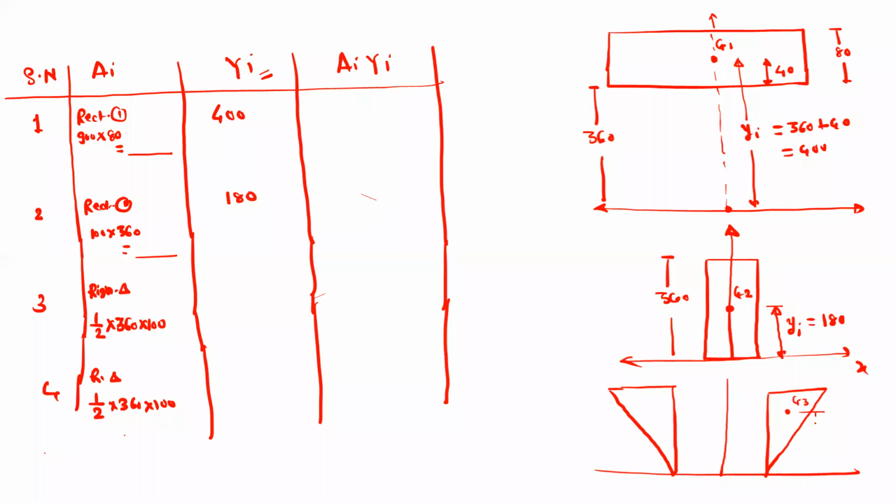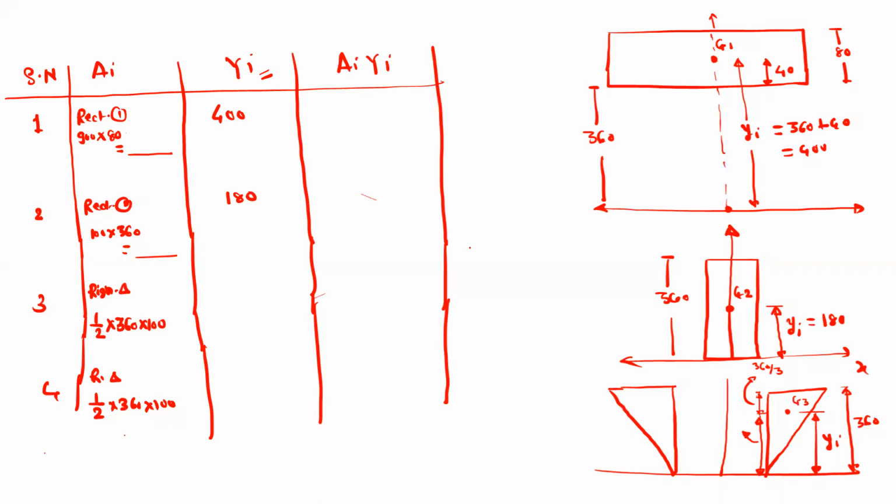We need to measure this distance to get the y coordinate. This distance we know by the formula is equal to h by 3. This is the h height, and h height is 360, so this will be 360 by 3. And this total distance is equal to 360. So to get the yi, we can subtract 360 minus 360 by 3, or we can directly find this distance, which is equal to 2h by 3. So this is h by 3 and this is 2h by 3.